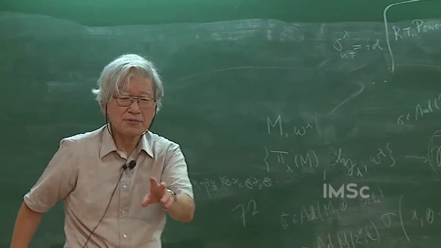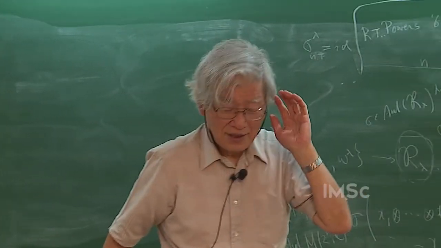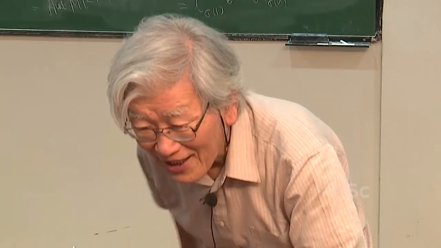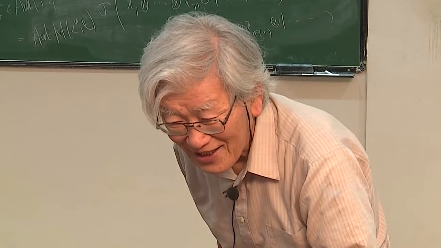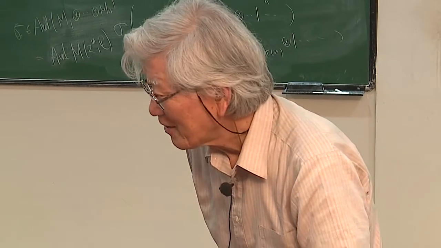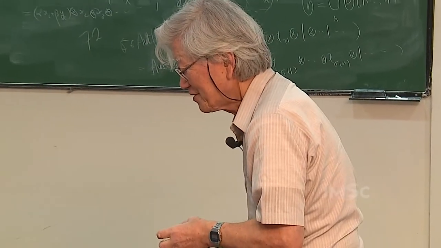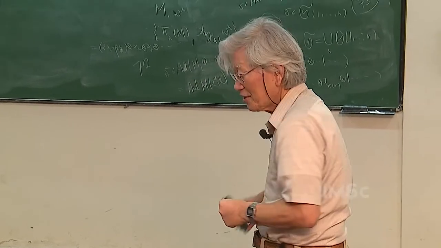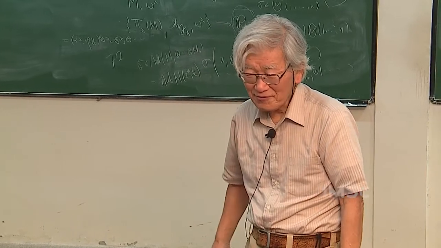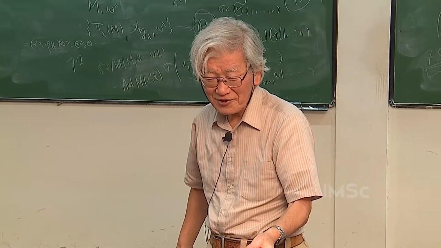How did Powers prove that type III_lambda and type III_mu are non-isomorphic? The modular theory was not available to him.